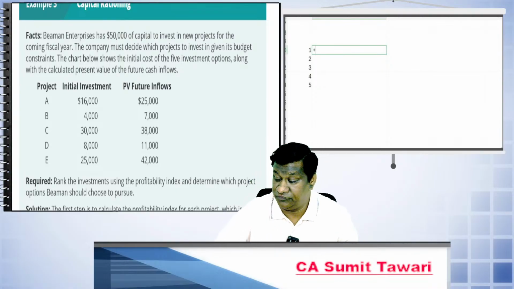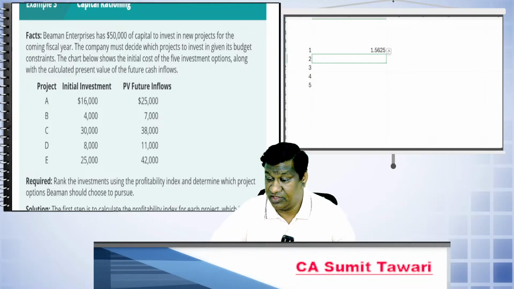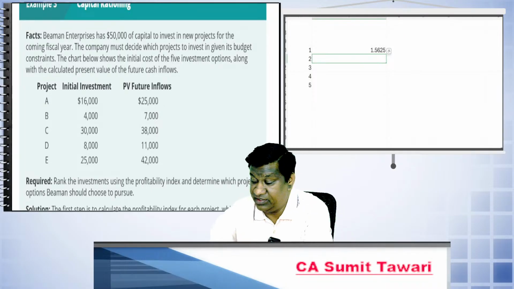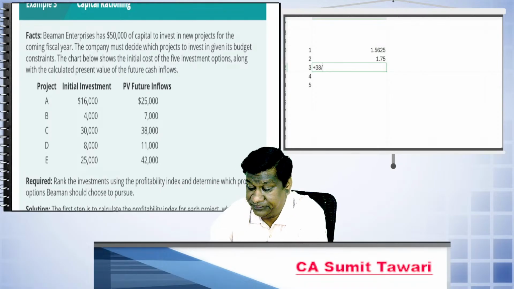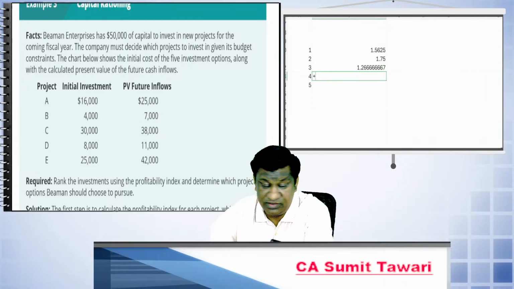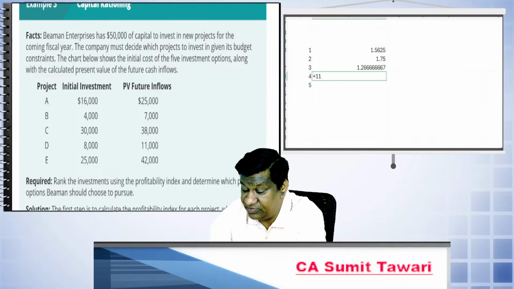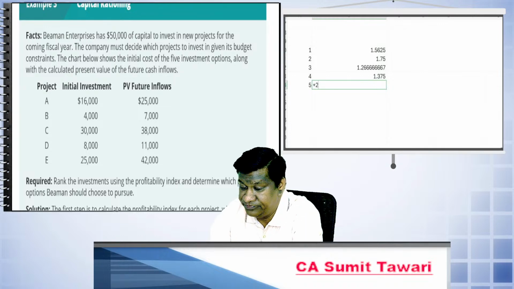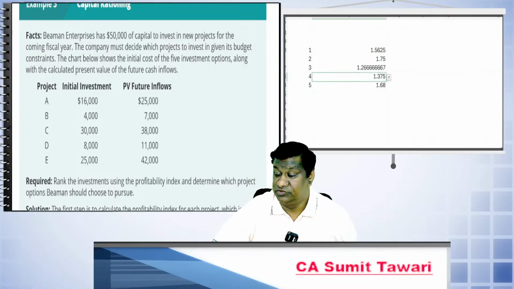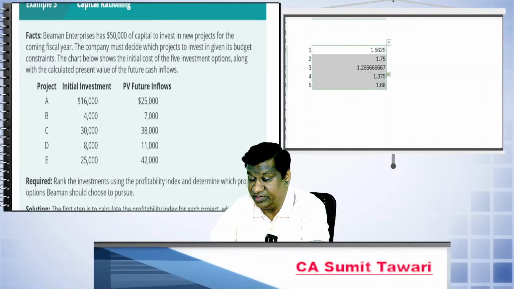Present value of inflow, 25 in the first case, divided by initial investment 16, so 1.56. Then 7 divided by 4. Then 38 divided by 30. Then 11 divided by 8. And then 42 divided by 25. So these are my profitability indices.